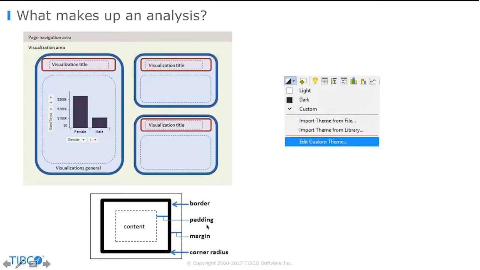In Spotfire, in the toolbar, you see this black and white button, where you can select the theme you want to apply, the light one, the dark one, or the custom one.